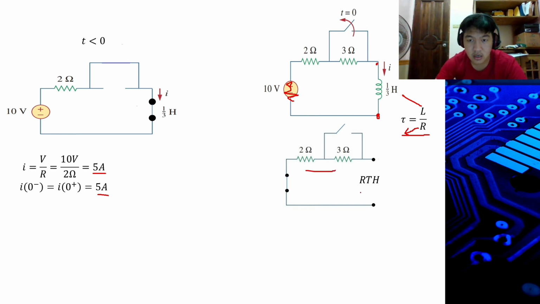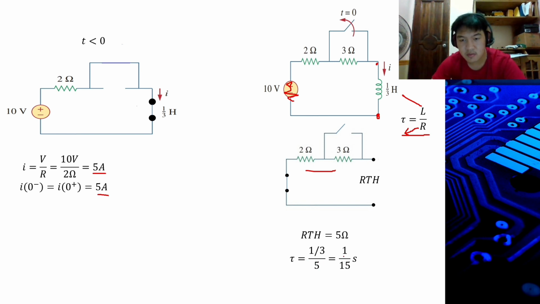You can say that R Thevenin is equal to 5 ohms. We can now use tau equals L over R, so 1/3 henry divided by 5 is equal to 1 over 15 seconds.